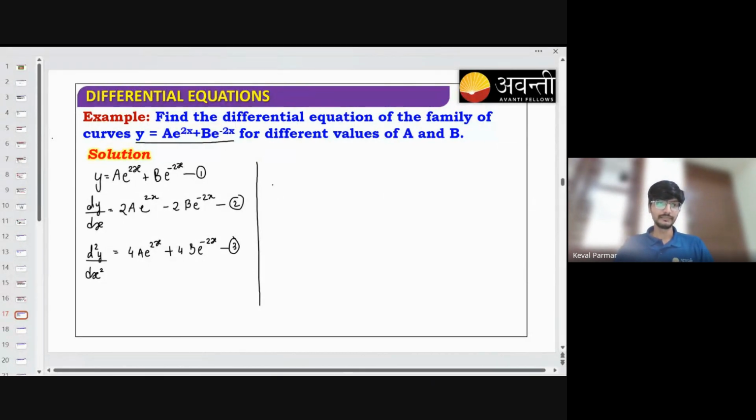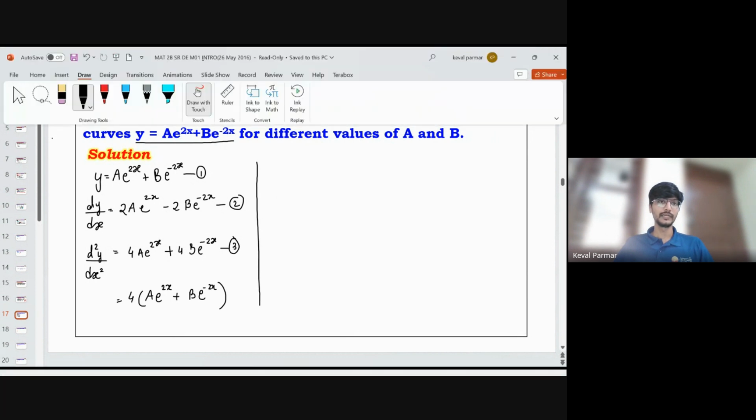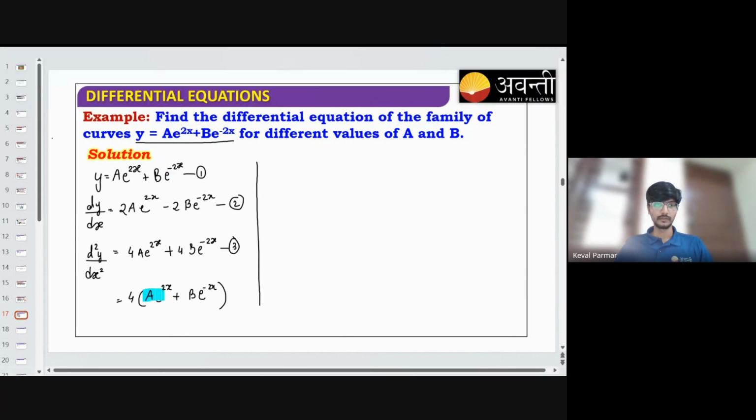So it is very simple. In equation 3, 4 is common, and we'll be left with a e raised to 2x plus b e raised to minus 2x. Now what is a e raised to 2x plus b e raised to minus 2x? Doesn't it look like something familiar?